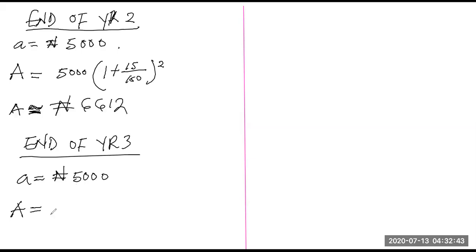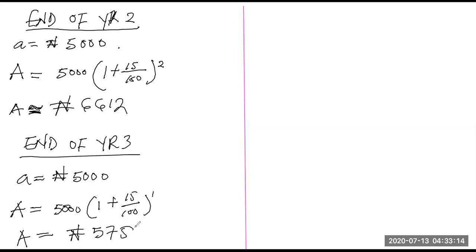So he can only compound this annuity for only 1 year. So it's going to be 5,000 into 1 plus 15 over 100 raised to power 1, and the amount that this annuity can turn to will be 5,750 naira.